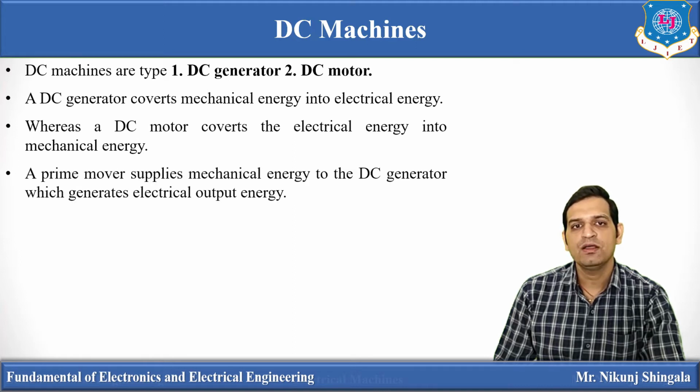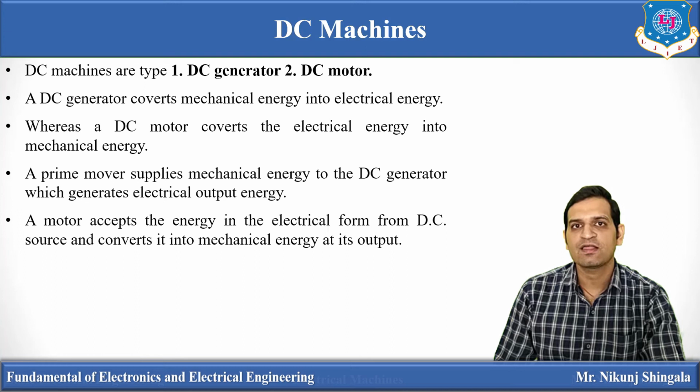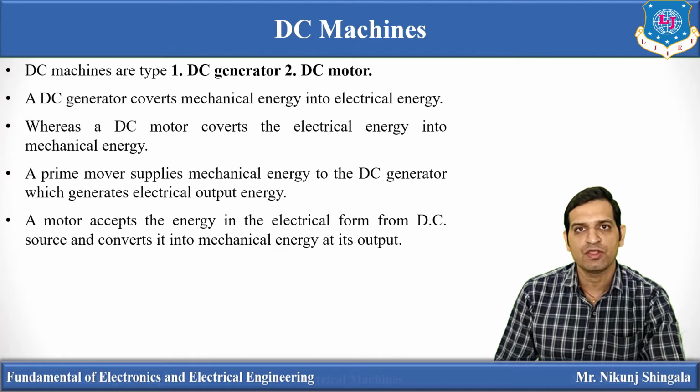A prime mover supplies the mechanical energy to the DC generator, which generates the electrical energy. A motor accepts the electrical energy from the DC source, and that's why it's a DC motor, and it converts it into mechanical energy at the output. Now both DC motor and DC generator work on a DC supply. That's why they are called DC machines.